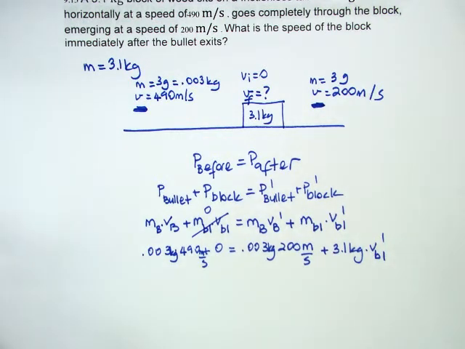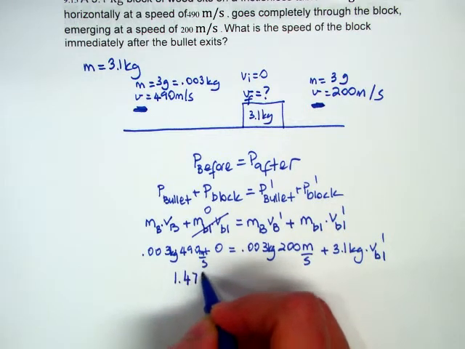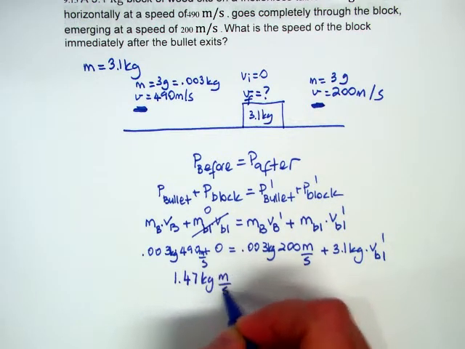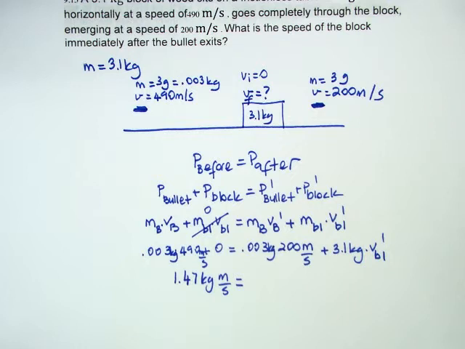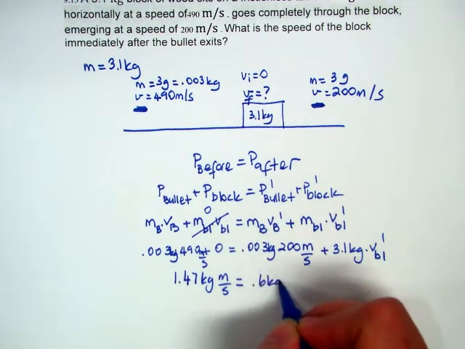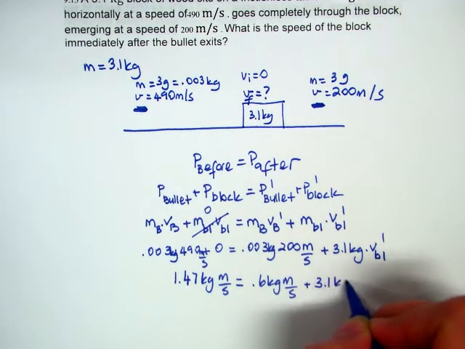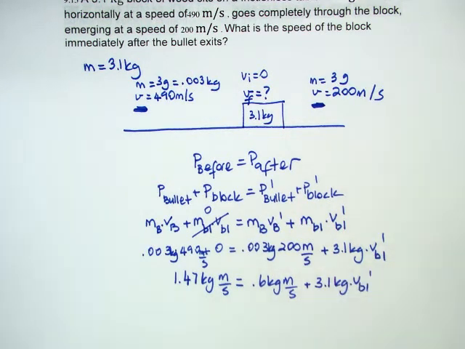So here is the deal. You multiply this and you get 1.47 kilogram meters per second equals 0.6 kilogram meters per second plus 3.1 kilogram times the velocity of the block prime.